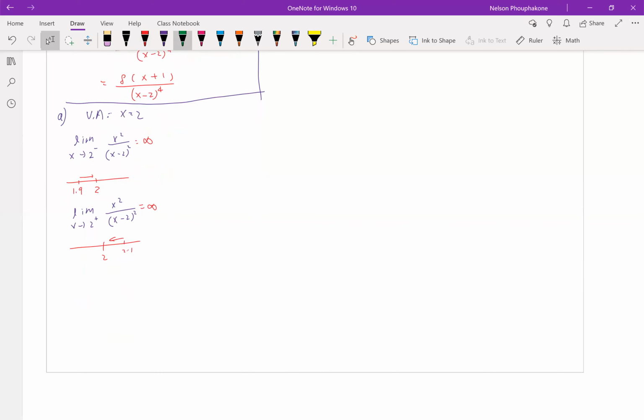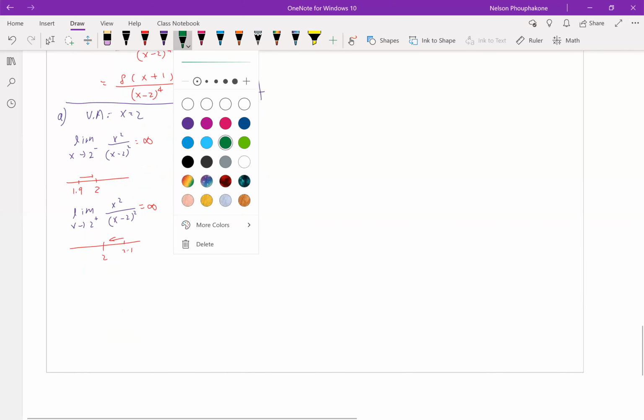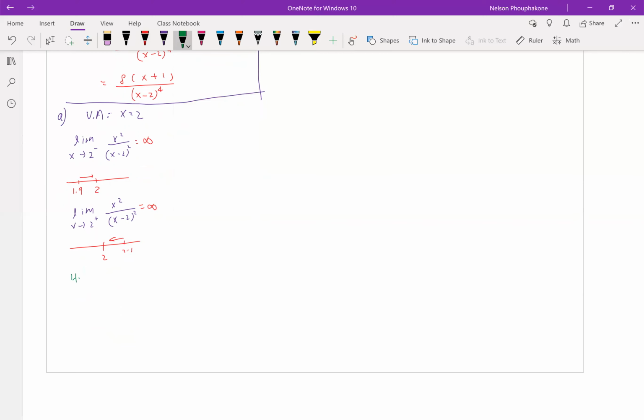Now, how about the horizontal asymptote? We will take the limit as x approaches infinity of x squared over x minus 2 to the square. In this case, we multiply top and bottom by 1 over x squared.